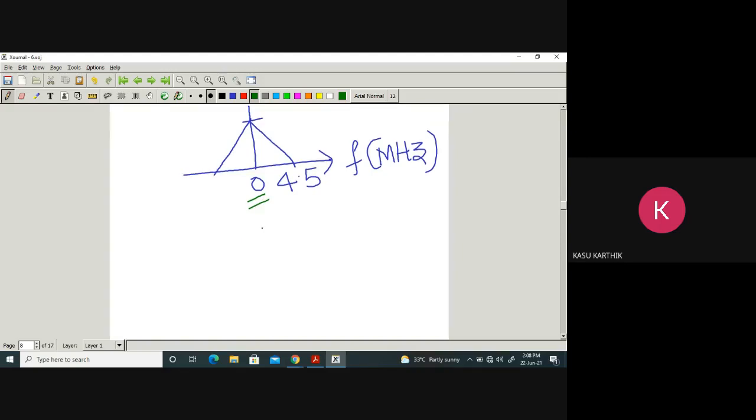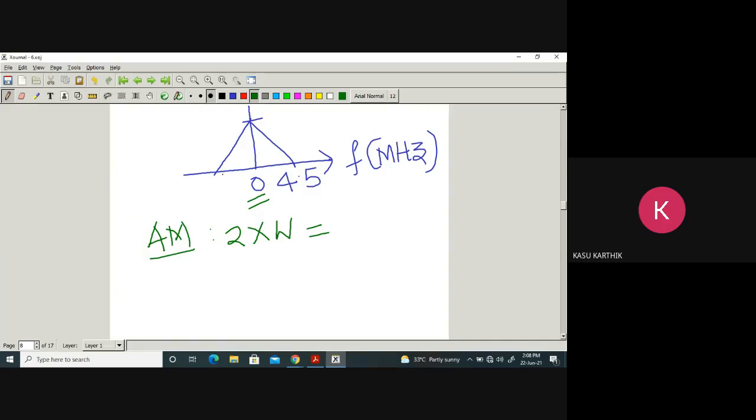So what is the best technique to transmit this video signal? As of now, what do you know? Suppose you take AM, amplitude modulation. What is the bandwidth of an AM signal? Twice the bandwidth of the message signal. Which means 4.5 megahertz.